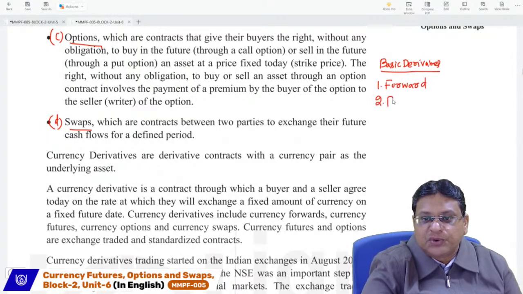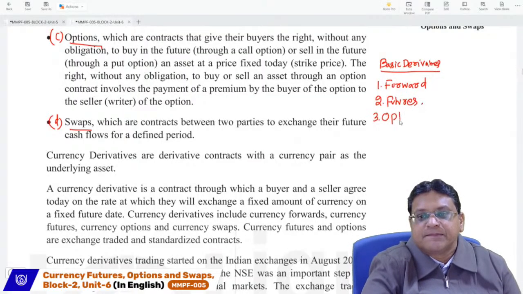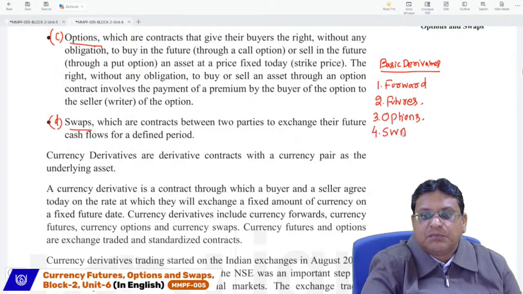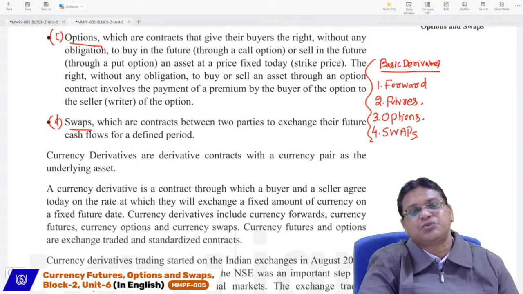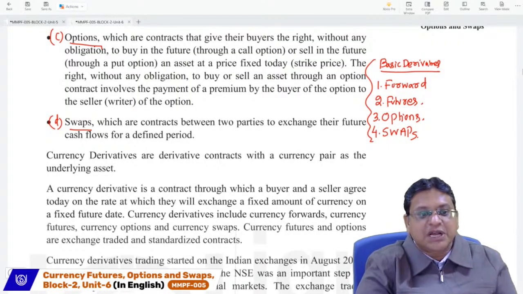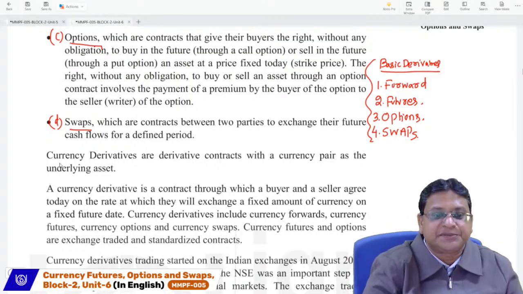We will study these forwards, futures, options, and swaps in the context of currency. Hence, those are known as currency forwards, currency futures, currency options, and currency swaps, and those are known as currency derivatives.